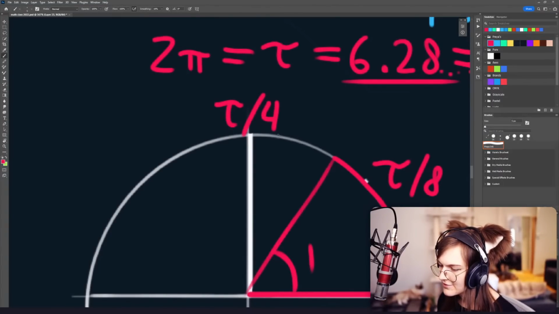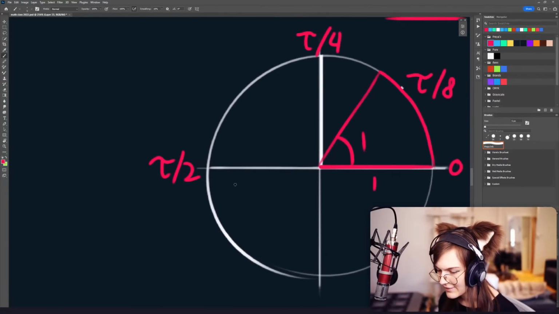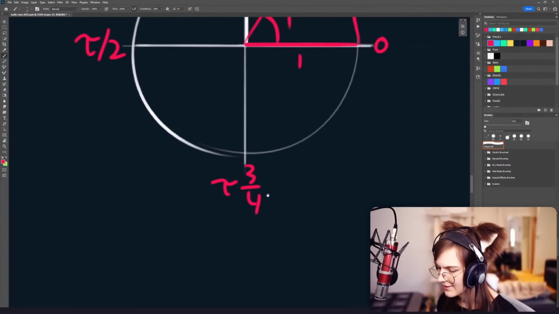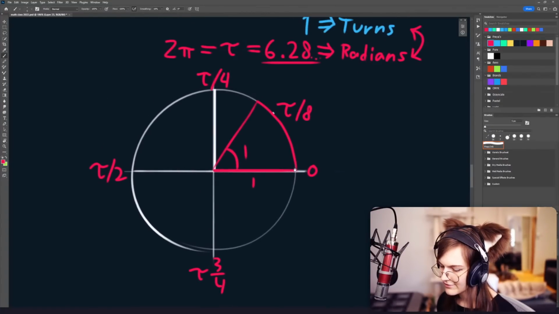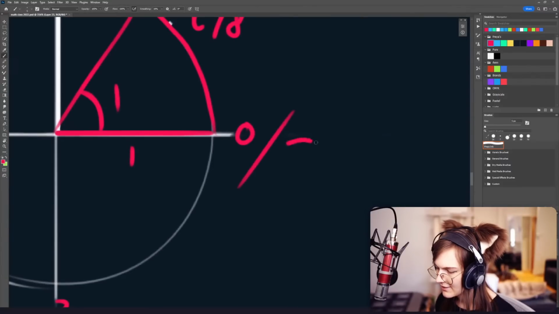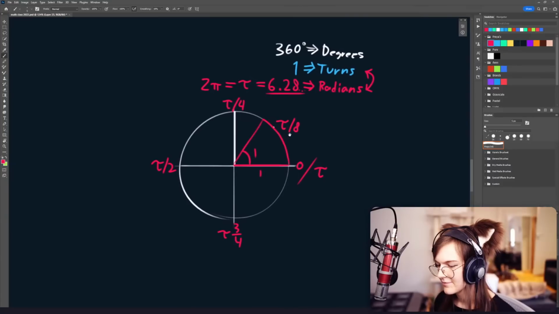This follows exactly the same way you would do with turns, right? So tau over 2 is half a turn, and tau multiplied by 3/4 is a 3/4 turn, and so forth. And then if you go all the way to the start, you end up with tau. And so this is what radians are.